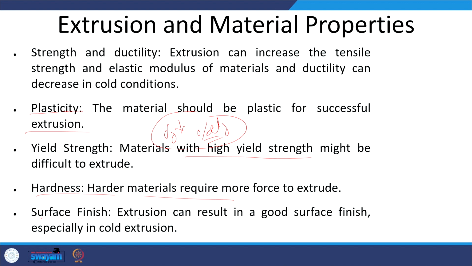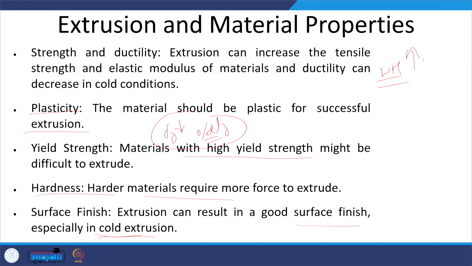The surface finish that we get out of extrusion is reasonably good, especially under the cold condition, because in hot conditions the material will experience oxidation, usually compromising the dimensional accuracy and the surface finish realized through extrusion. One good thing, when extrusion is carried out under low temperature conditions, is that the material experiences work hardening.